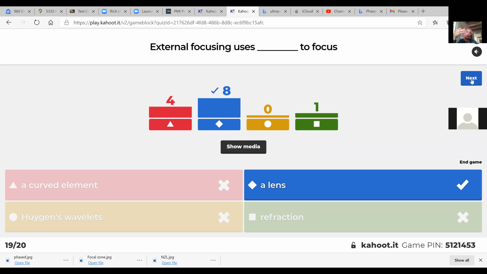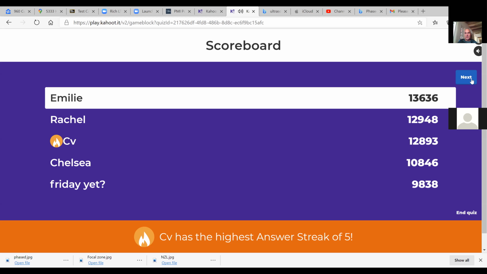But a lens, external focusing means that on the outside of the transducer, you don't even see it, but there's a little lens. Between the transducer and the skin, there's a lens. Curved element is a different type of focusing. That's internal focusing. A curved element is internal focusing. A lens is external focusing. But refraction of the sound beam is how it works. So whoever put that, you can consider yourself higher in the standings.